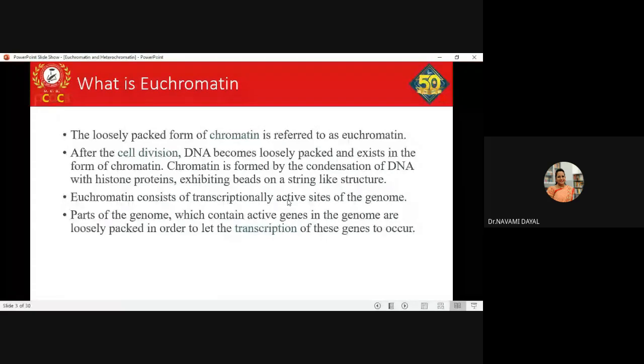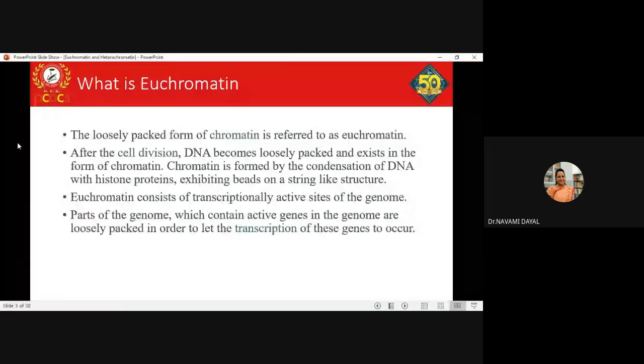Though the DNA is getting wrapped around the histone molecules, there are some regions in that DNA which are still loose enough, which are not packed. So that particular region is still considered to be transcriptionally active.